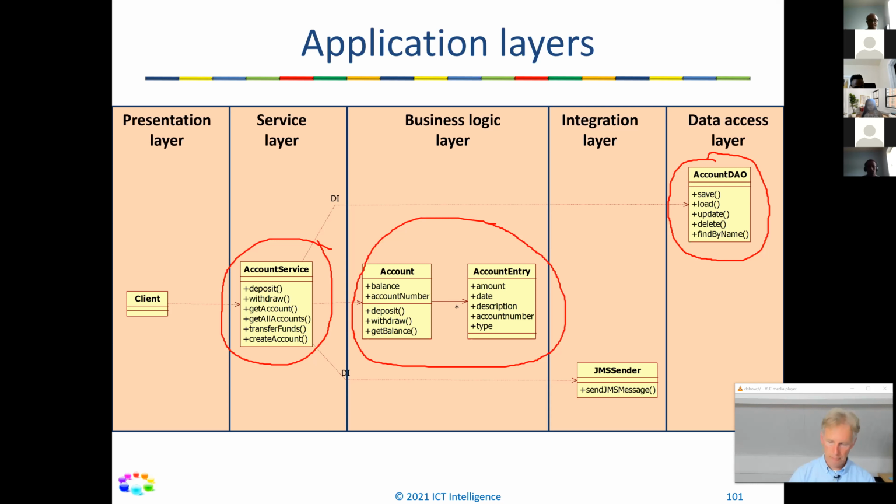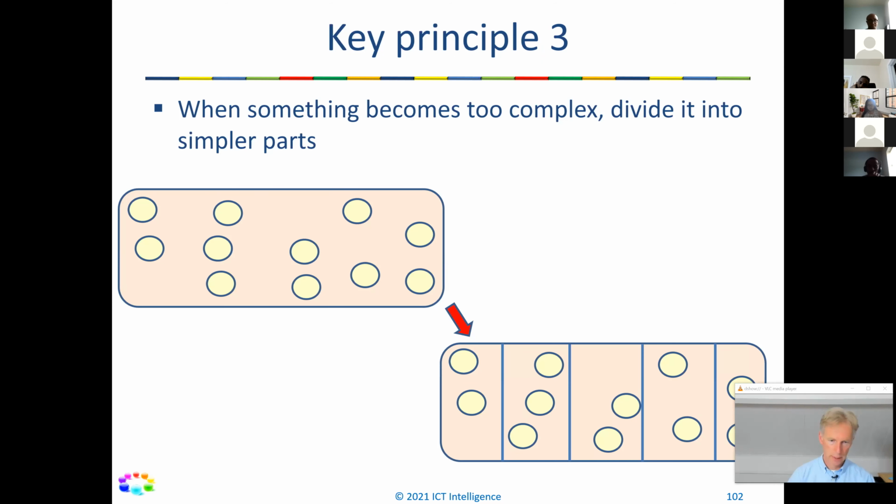Now, yesterday we looked at key architecture principles. And here is our third key architecture principle: whenever something becomes too complex, we divide it into simpler parts. That's what layering does for us.